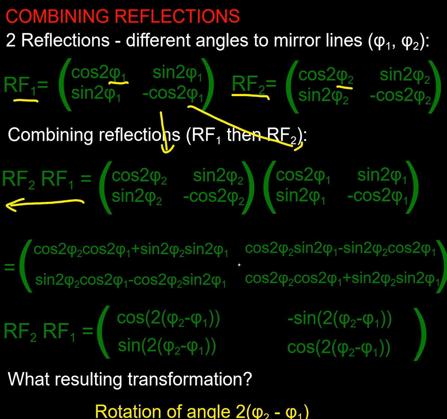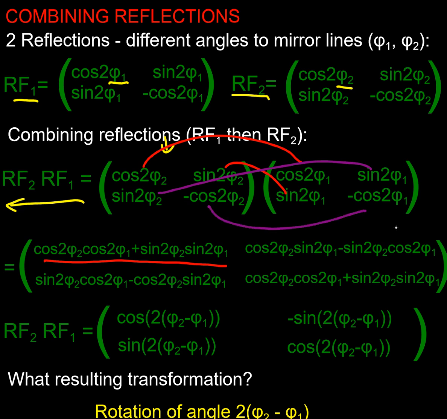And now let's start multiplying these out and getting our combined single matrix. So what have I got? I've got a cos plus a sin, top left, sorry. What's happening bottom right? Well, here I've got a sin, and I've got a negative cos, which is going to become positive.